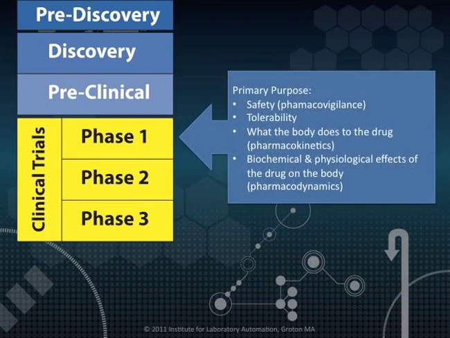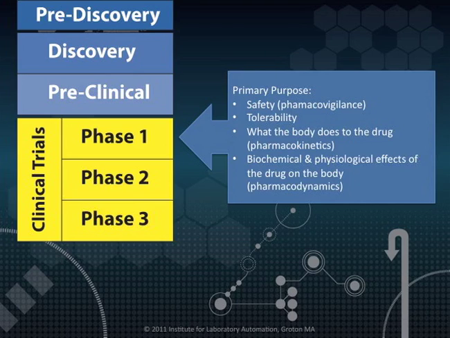The typical clinical trials process begins in Phase 1. This is done on a small number of individuals, and its primary purpose is to determine the safety of the drug or treatment before moving on to large-scale trials on human populations.